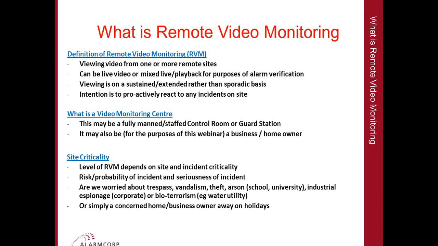Or are we worried about potential bioterrorism, e.g. a water utility, or even a quarantine station where sick animals are kept, and some misguided animal activists get in and unwittingly unleash a virus? This may sound Hollywood, but it can happen. Or are we looking simply at a concerned homeowner?